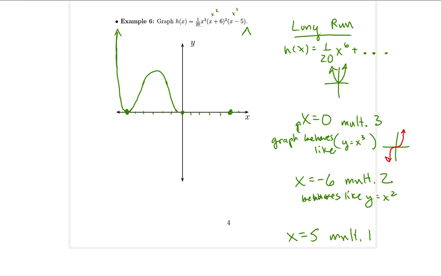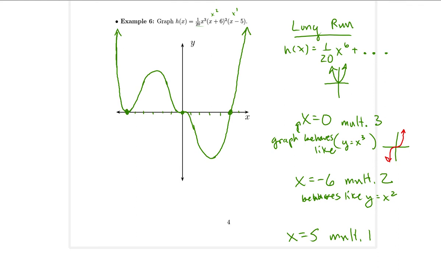But what I'm going to do is I'm going to kind of do this. I'm going to do that kind of cubic action as I go through there. And then I'm going to dip down. And then I'm going to come back up so that I can meet up with my long run behavior on the other side.